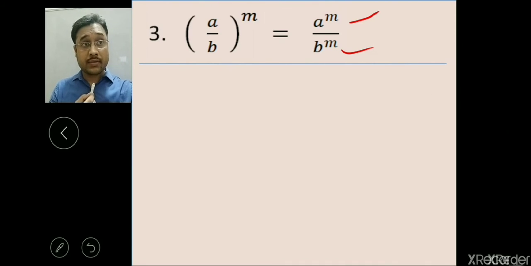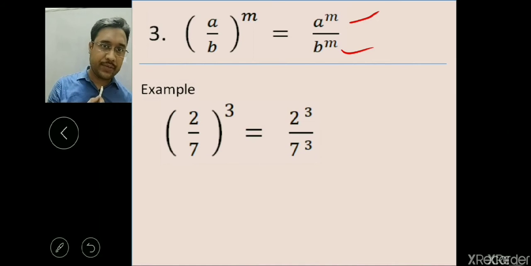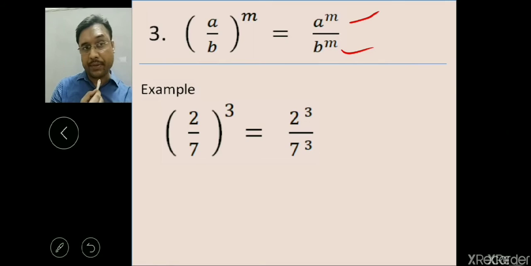Okay, so you will write like this example: (2/7)^3 is equal to 2^3 by 7^3. This power 3 will come to the numerator 2 and the denominator 7. It will come to both the numbers.